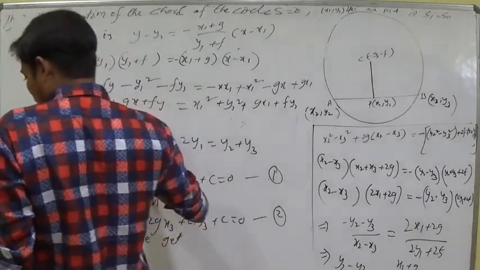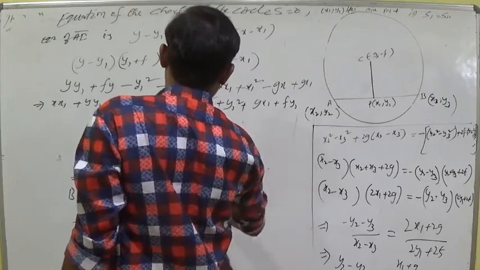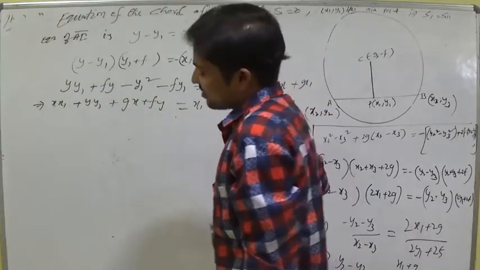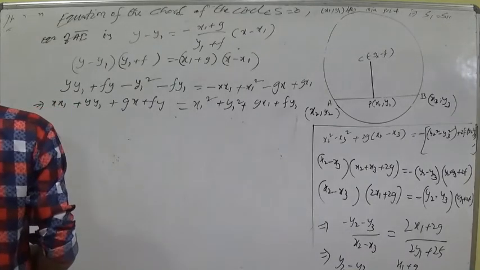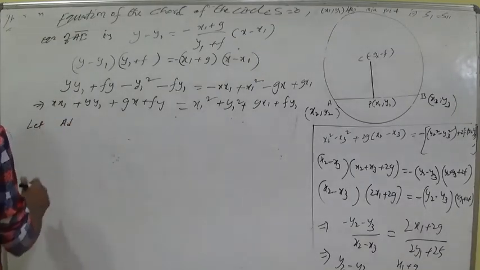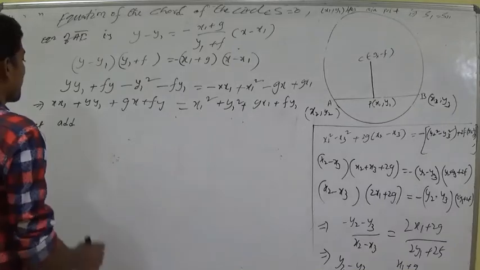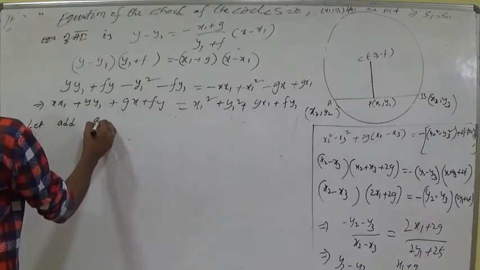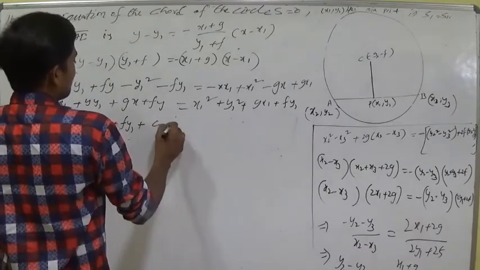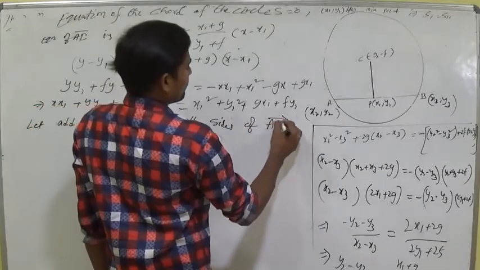Next, let us add gx1 plus fy1 plus c to both sides of AB, right?